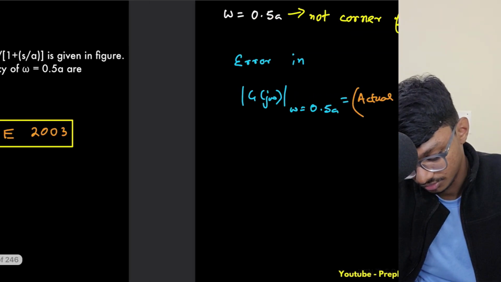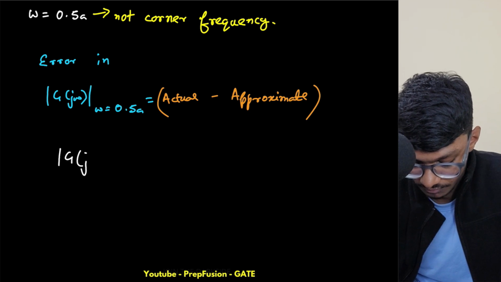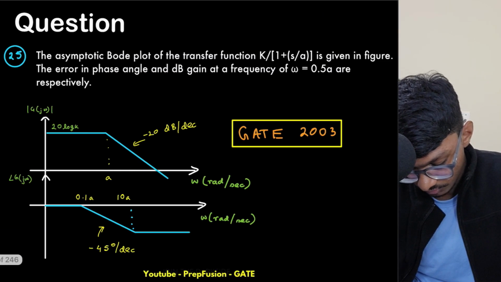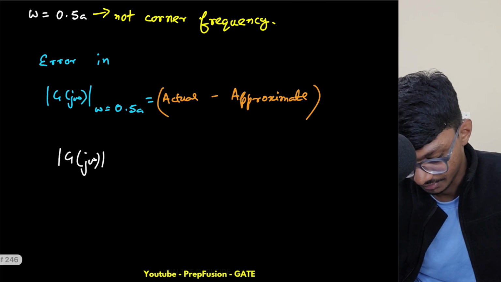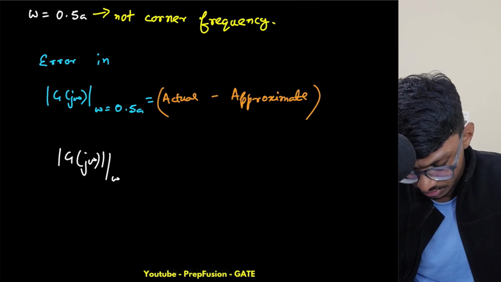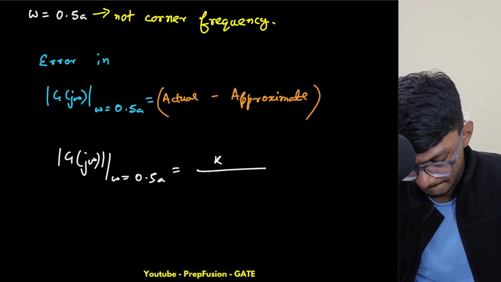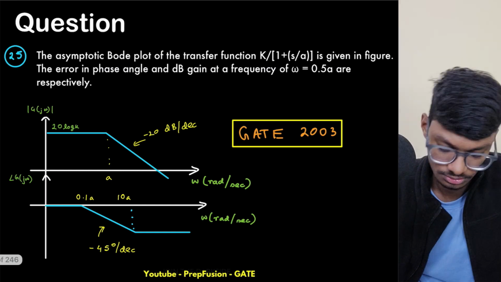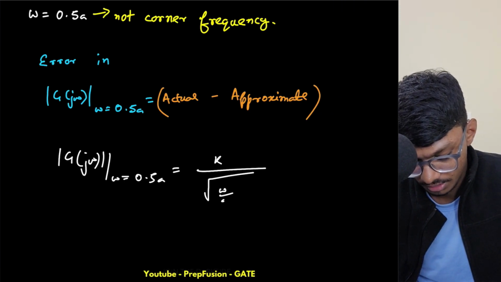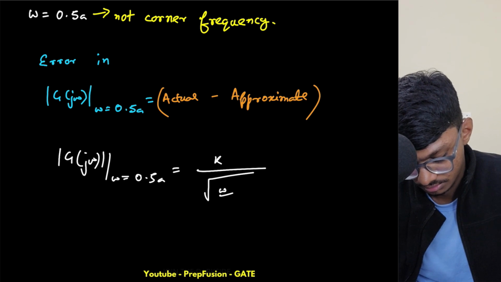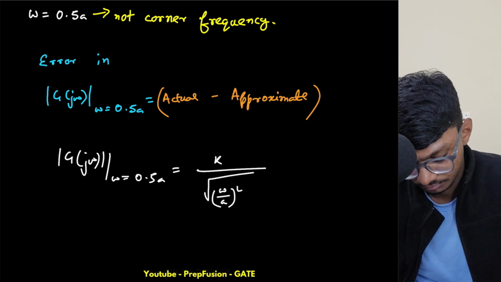So actual value, you have been given the transfer function, you simply write it like that, G of j omega. They want us to find it in dB, so we'll obviously convert everything into dBs. Omega equals 0.5 a, this is k by under root of (omega by a) square plus 1.